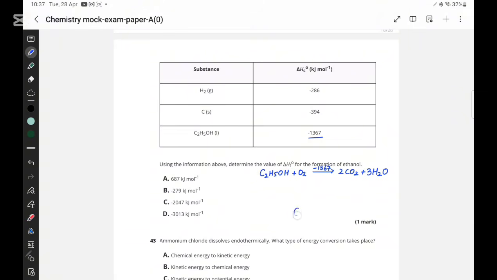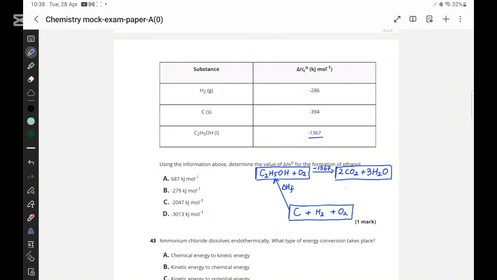We are going to put carbon, hydrogen and oxygen at the bottom. We need to find the enthalpy of formation for ethanol, so we put the arrow from it, and the enthalpy of formation for ethanol is what we need to find out.